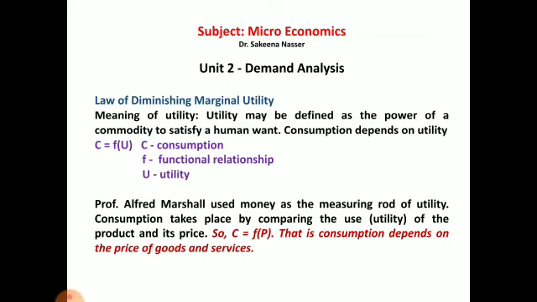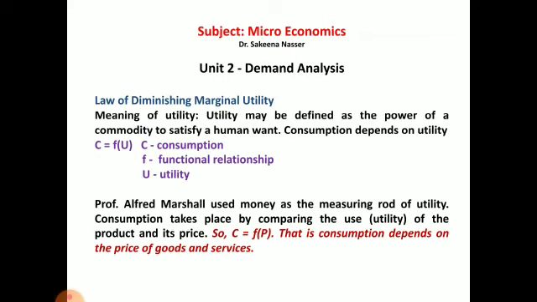Utility is the want satisfying power. We consume goods and services because they satisfy our wants. Consumption takes place because of the usefulness of the goods and services. Dr. Alfred Marshall used money as the measuring rod of utility.